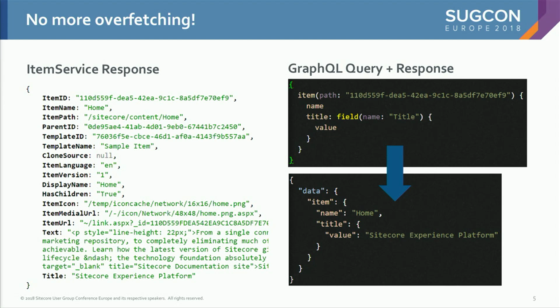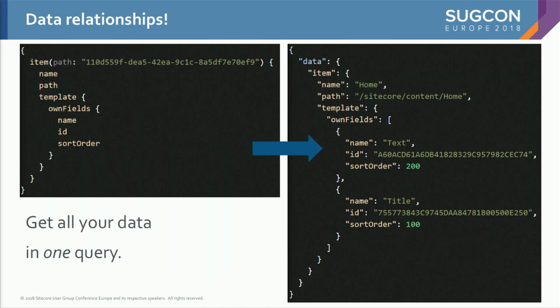You specify exactly the fields you want, and you can also do crazy stuff with data relationships. In a REST API, say you want to get a Sitecore item, its children, and what fields are on its template. You would probably need to make anywhere between 3 and n requests, like a request to the item service for each child, and maybe you have 100 children.